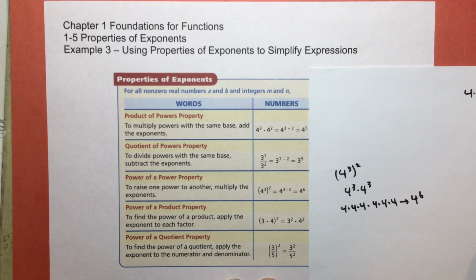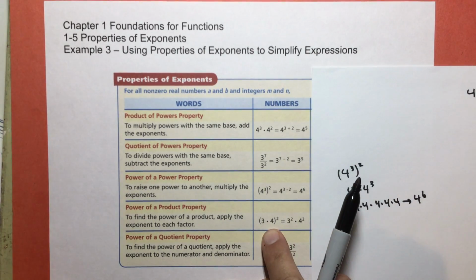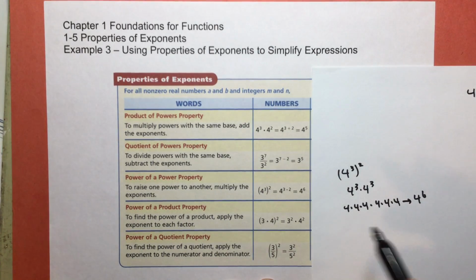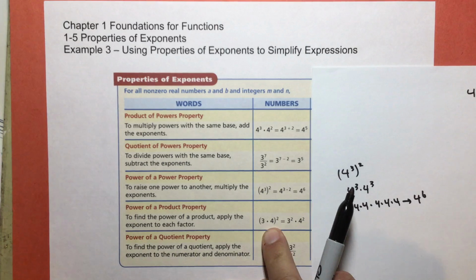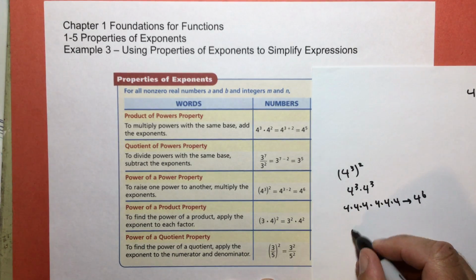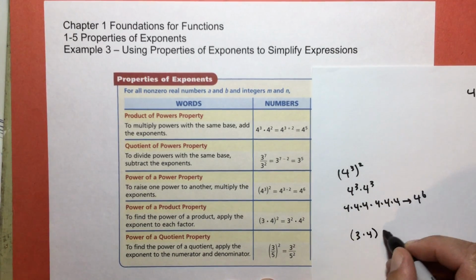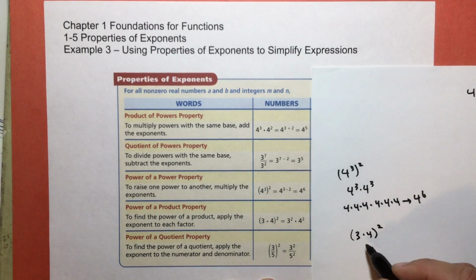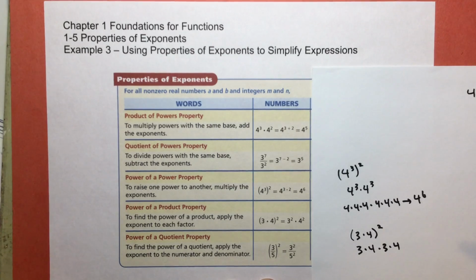The power of a product, believe it or not, we've already used this when we talked about some square root properties. That's the key to simplifying. Basically, this says if I got 3 times 4 to the second power, that means I have 3 times 4 times 3 times 4. And if I put the 3's together, I get 3 squared, and if I put the 4's together, I get 4 squared.